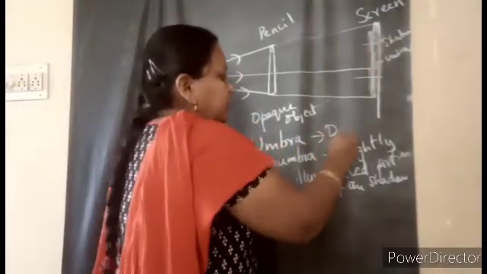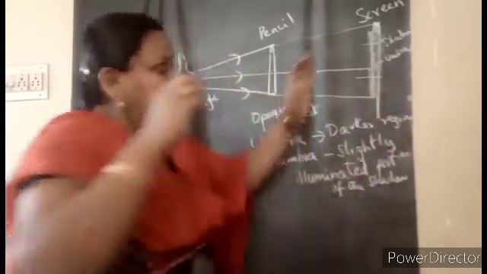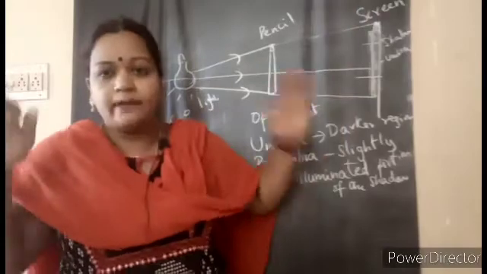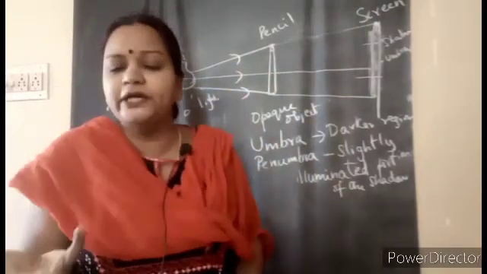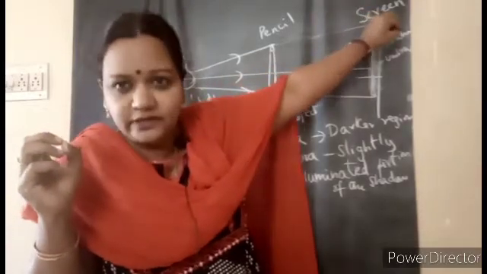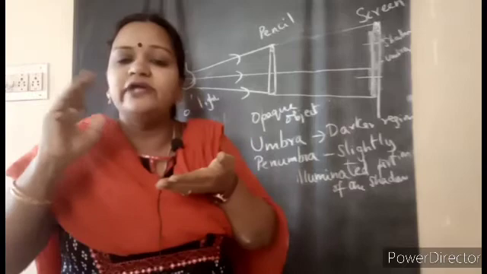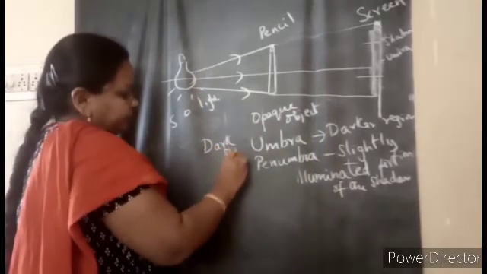Both sides of the umbra are covered with the penumbra region, which is slightly illuminated, meaning some amount of light is received there. That is why it has a light shade, and the umbra has the dark shade.